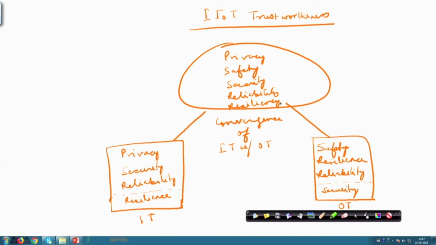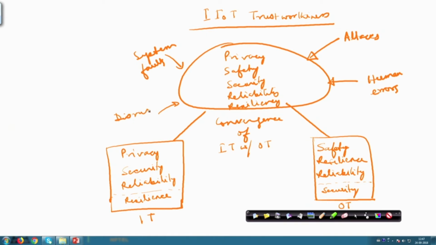So, we have to come up with a trust model catering to all these requirements, so as to make the system robust from different types of attacks, any kind of human or external machinery errors, different system faults, and disruptions from environment. So, these are the different considerations that will have to be made.